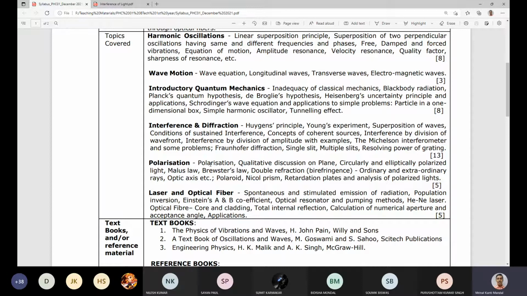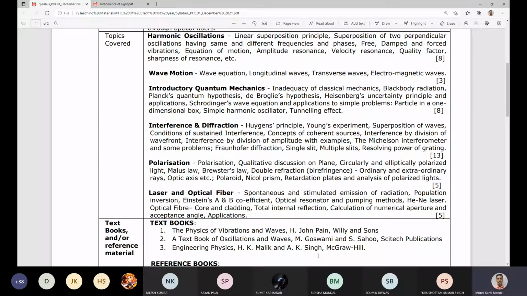So based on that, these topics are covered by these books. Your best book is Physics of Vibration and Waves, Pain. Second is the textbook Oscillation and Waves, Goswami. And another book that will include the total content, that is Engineering Physics, H.K. Malik and Singh.